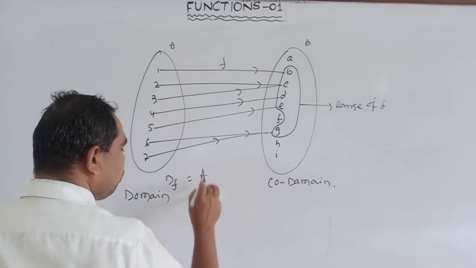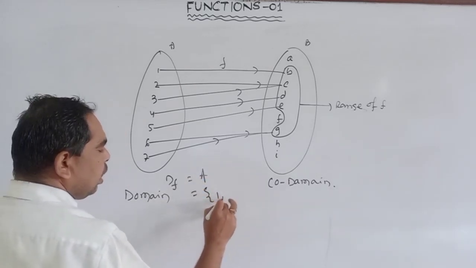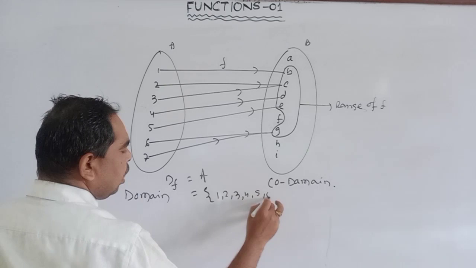So the domain of f means the set 1, 2, 3, 4, 5, 6, 7.